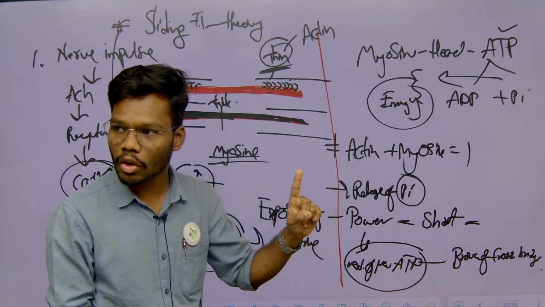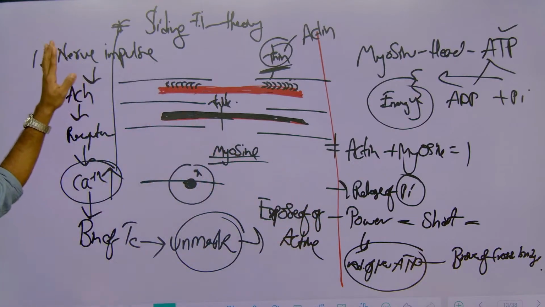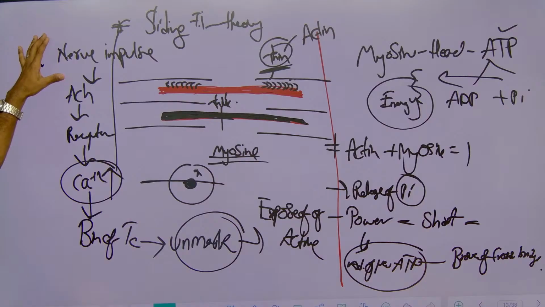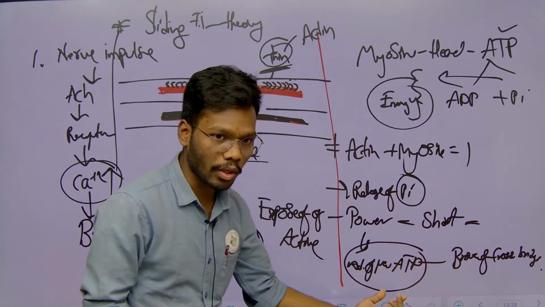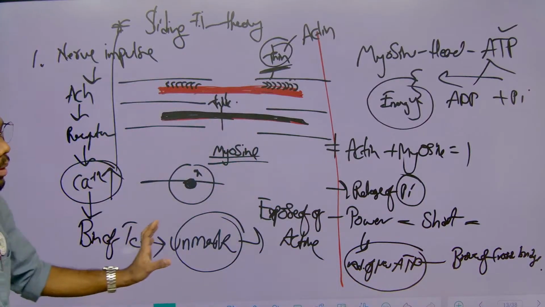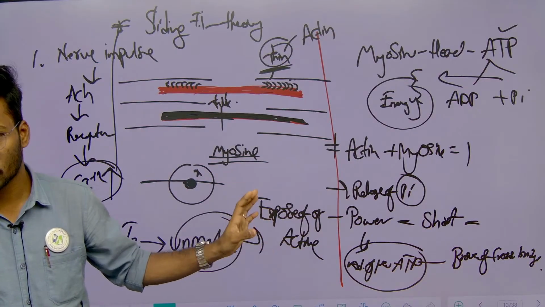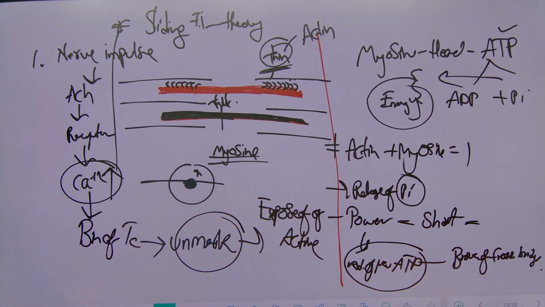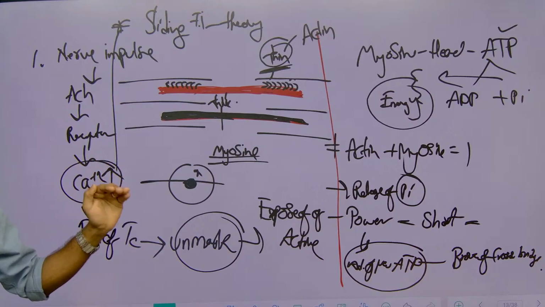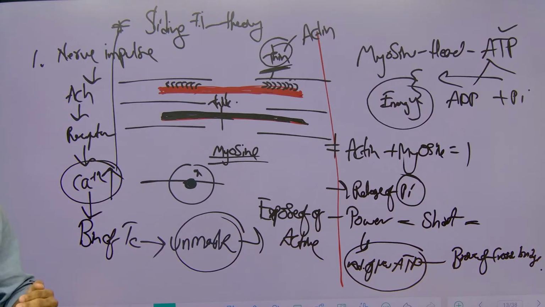Understand one round of contraction from start to last, starting with the nerve impulse and ending with the addition of new ATP. This is the sequence that happens in muscle contraction. You should remember this, because they will give a few sentences and ask you to arrange the following events of muscle contraction in ascending or descending order.